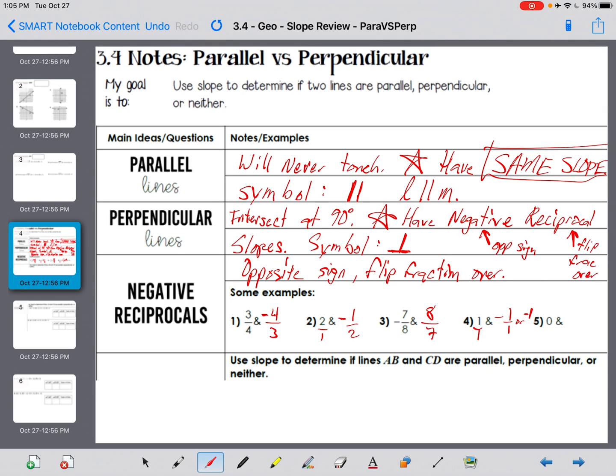You can't really tell that it's been flipped over because it's a 1 on top and a 1 on bottom. Now 0, we can throw a 1 under it. We flip it over and it becomes 1 over 0, which is actually undefined. So be careful with those. So your 0 slope and your undefined slope are negative reciprocals. So if something has a 0 slope and an undefined slope, they are perpendicular.